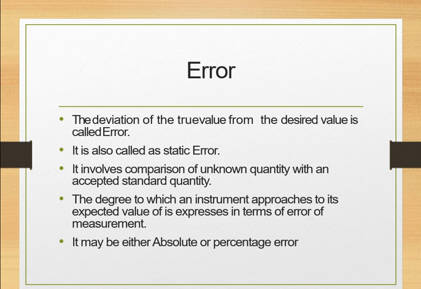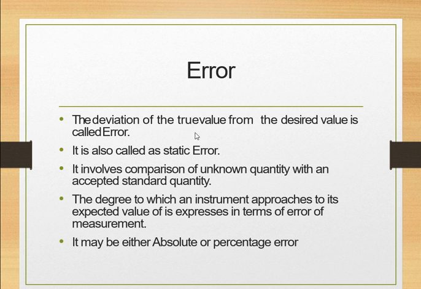We will see the broad classification of this error afterwards, after completing the static and dynamic characteristics. But for the sake of time, just see the definition of error now, and after that we will see the different types of errors present in instruments or measurements. Error is the deviation of the true value from the desired value.